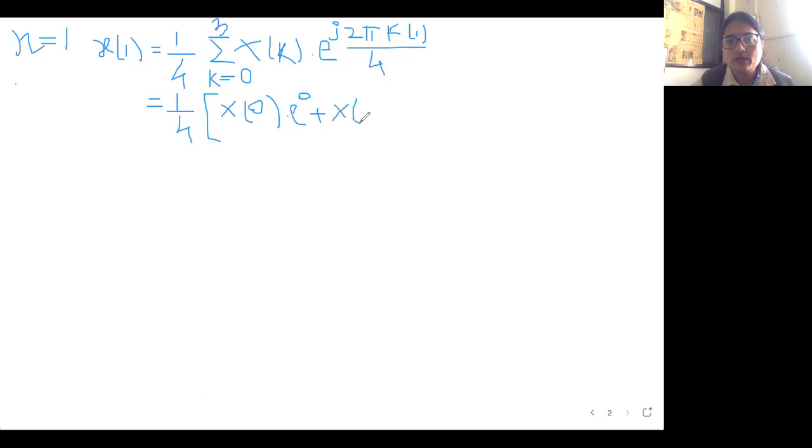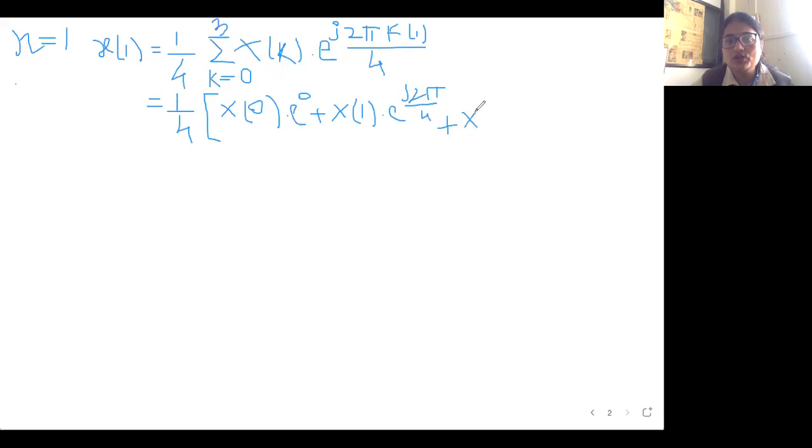So here I am writing x of 1 into e raised to j 2 pi, the value of k is 1, divided by 4, plus the next value.